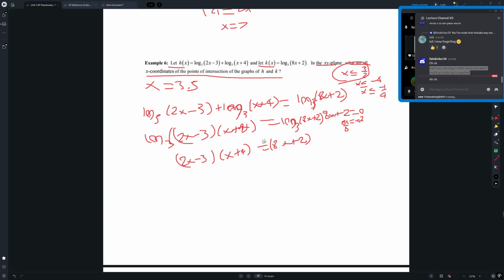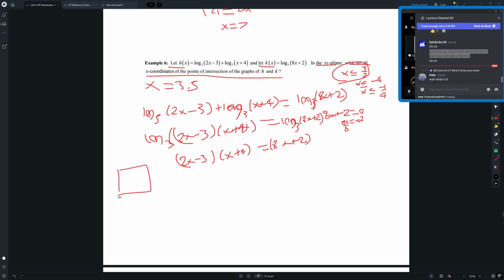From there, multiply this out and solve by factoring. What if the base changes? Then you would have to use change of base to solve.